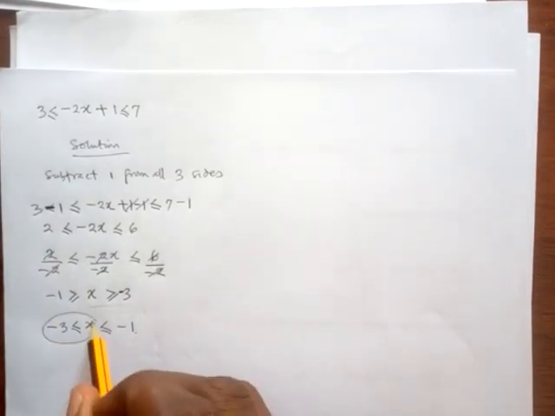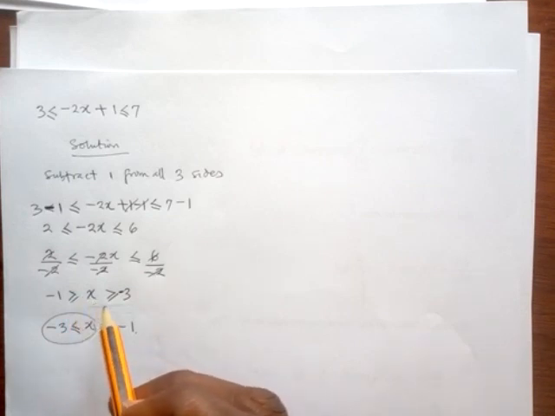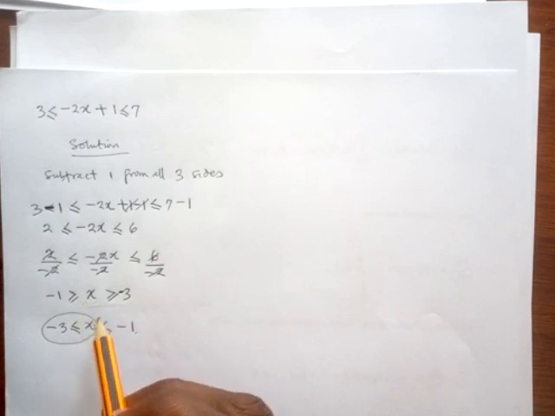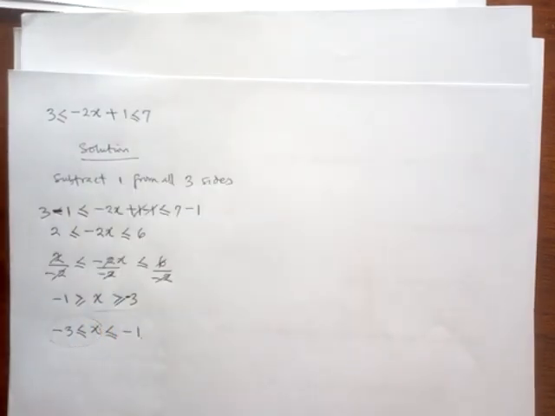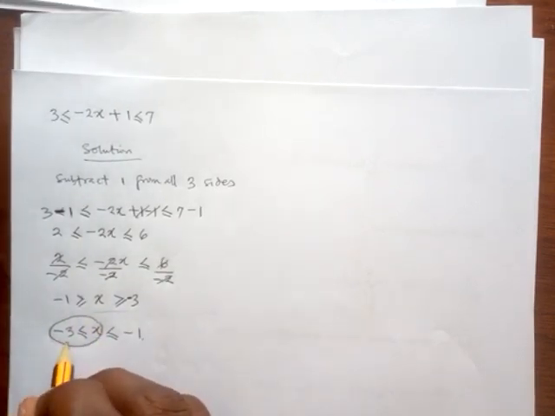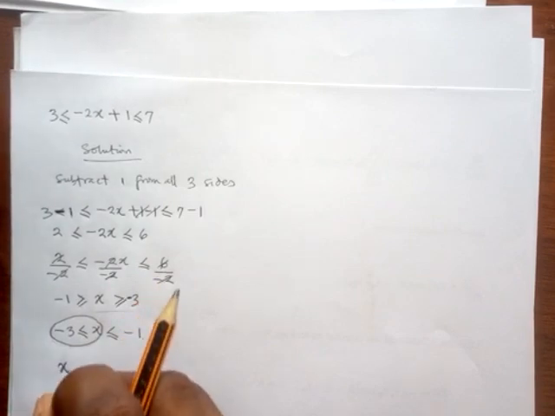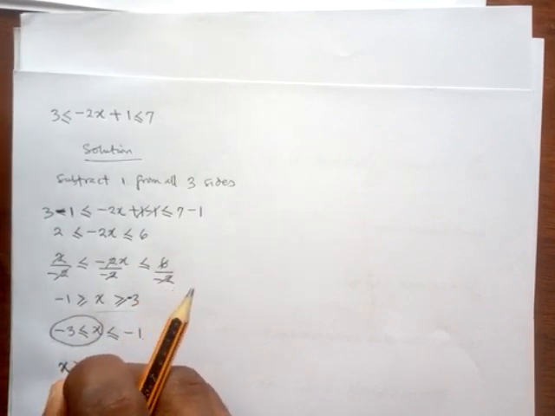So if you take this first part, minus 3 is less than or equal to x, that means x is greater than or equal to minus 3.